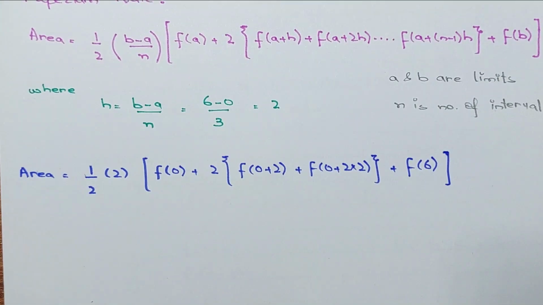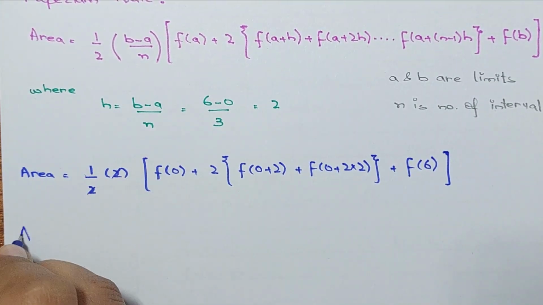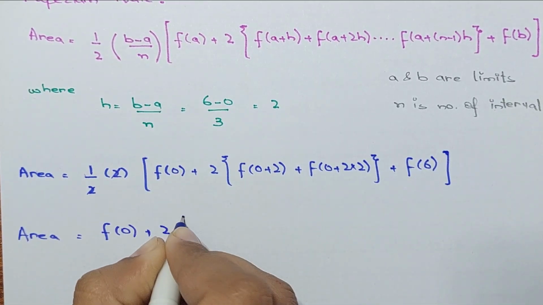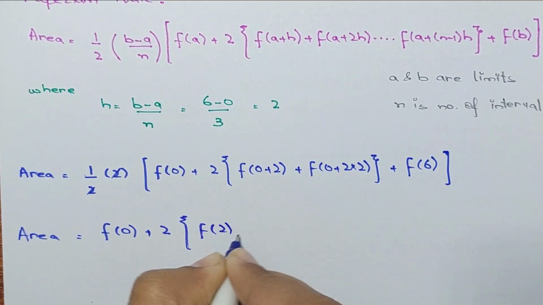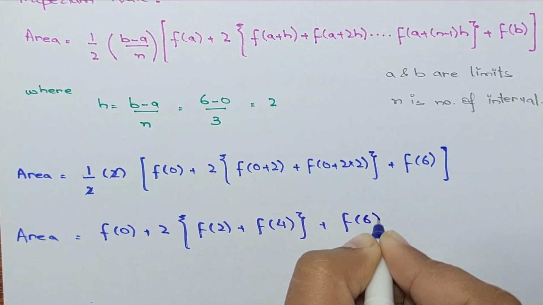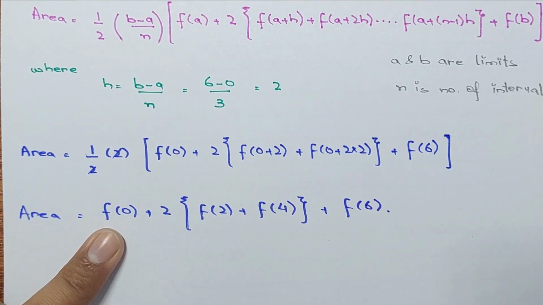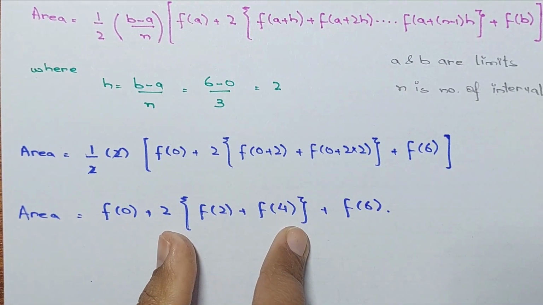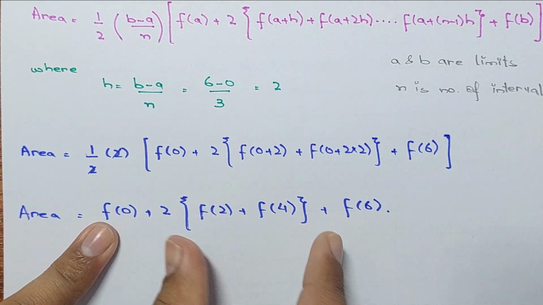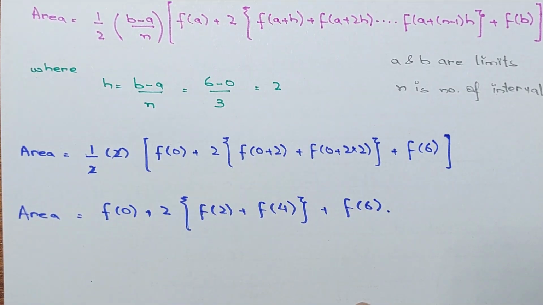This is everything we need to solve, right? So this 2 and this 2 cancel out, and the area is left with the function value at 0, plus 2 times the function value at 2, plus the function value at 4, plus the function value at 6. When there are three intervals, you pick the first one, the last one, and in the middle only two values, so 4 in total. When intervals are 4, one more, so 5 values, and the middle would have 3 values.